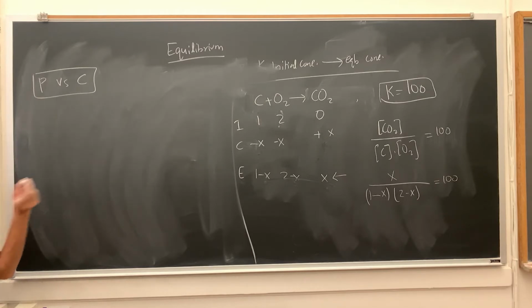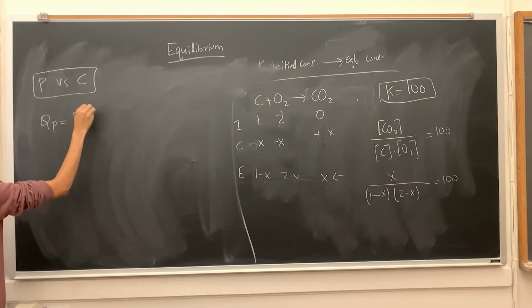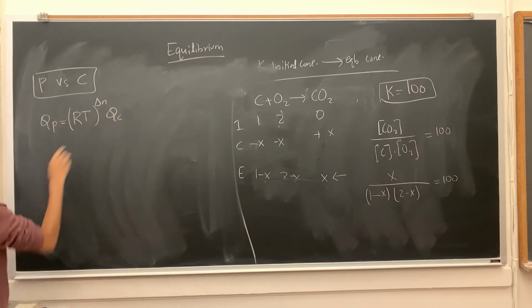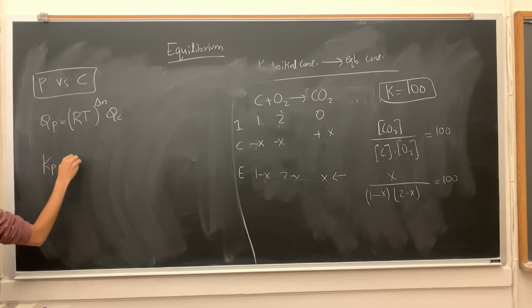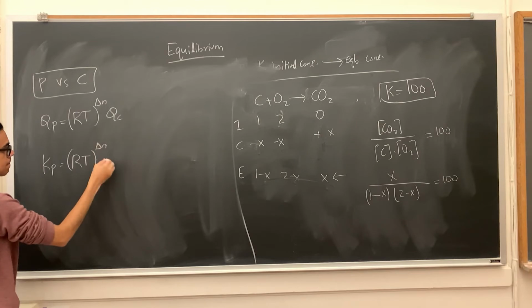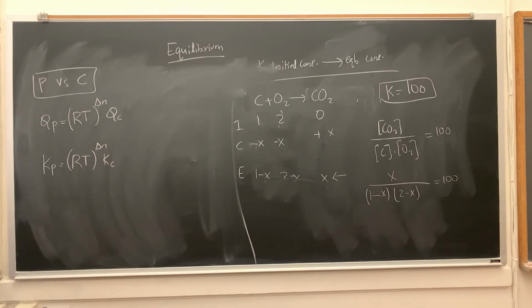Here, that's the ideal gas law. I think it's QP equals RT to the power of delta N times QC. I can check if this is correct in a second. Check down in the lecture when this is discussed, one of them is P, one of them is C. Check which one it is.